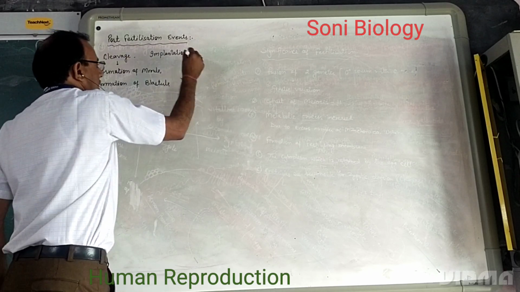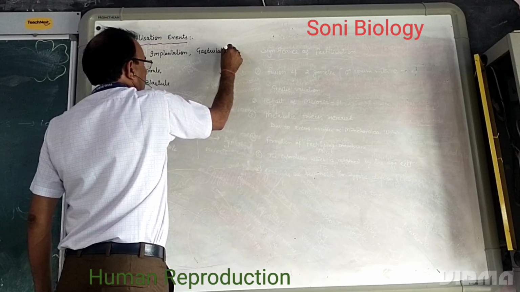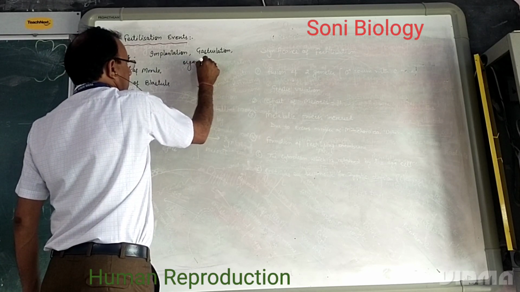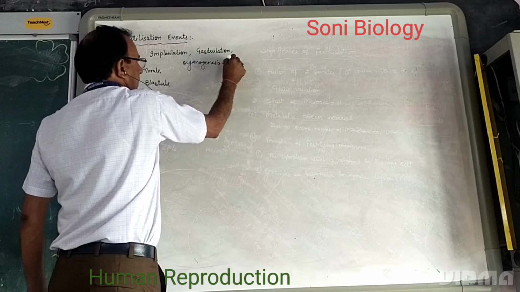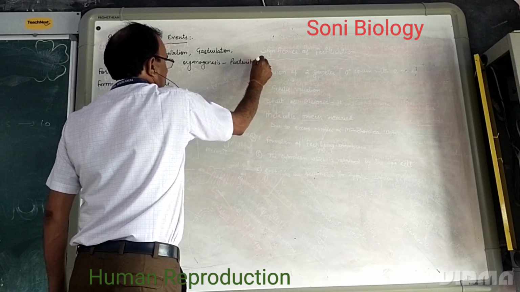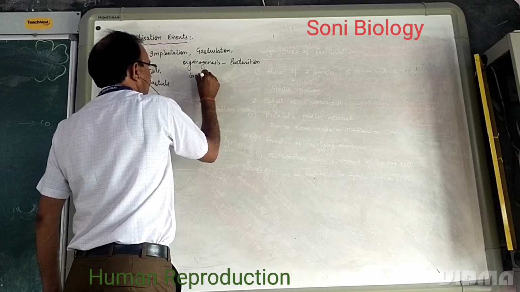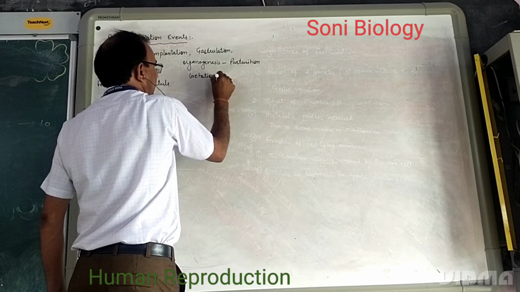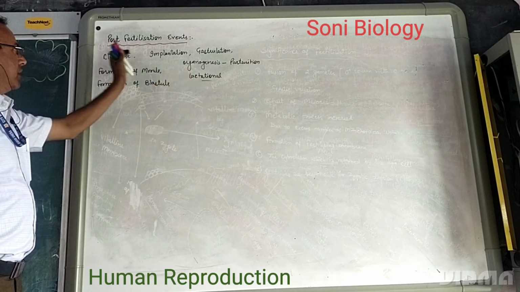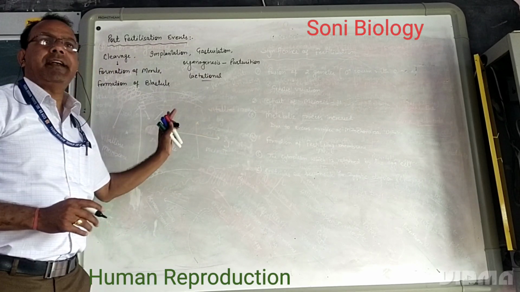After implantation, gastrulation, then organogenesis, and after that parturition, as well as lactation. These are the events which occur after the fertilization: cleavage, implantation, gastrulation, organogenesis, parturition, and lactation.